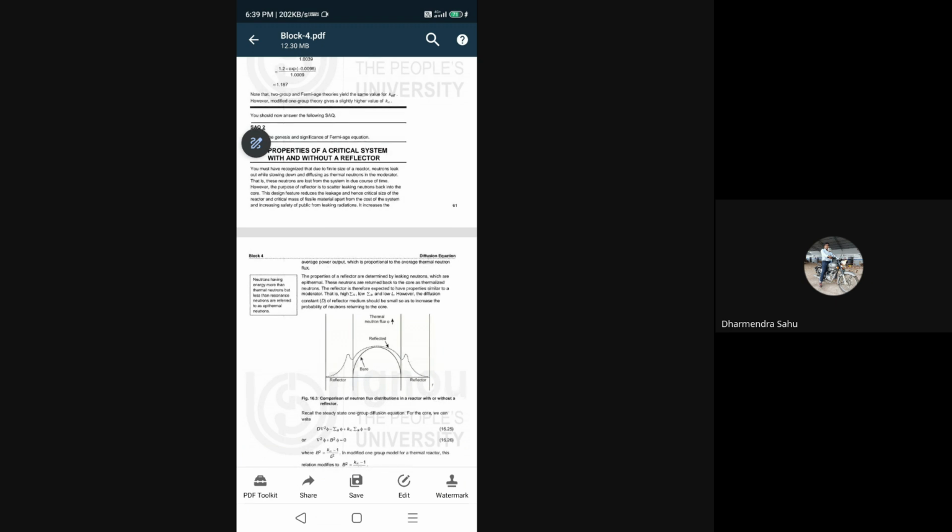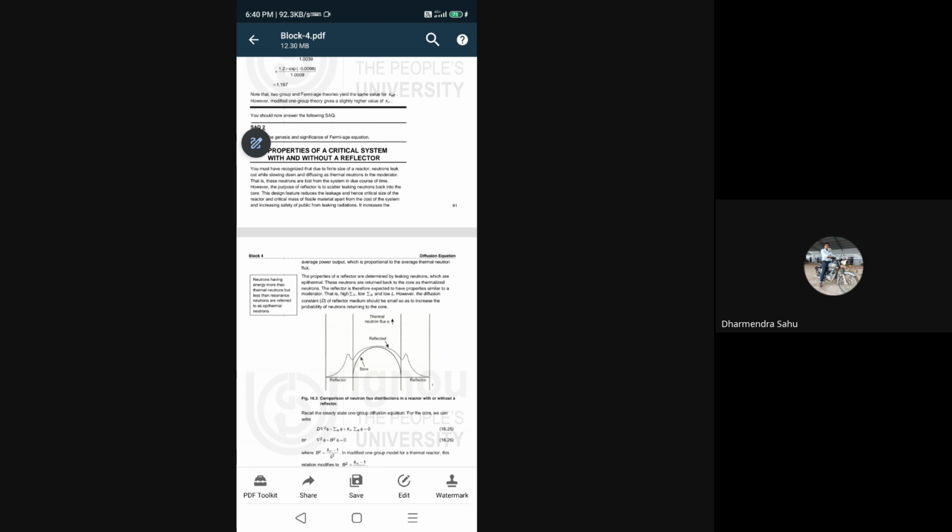It increases the average power output, which is proportional to the average thermal neutron flux. The properties of reflectors are determined by leaking neutrons, which are epithermal. These neutrons are returned back to the core as thermalized neutrons. The reflector is therefore expected to have properties similar to a moderator, that is, high sigma s, low sigma a, and low L. However, the diffusion constant D of the reflector medium should be small so as to increase the probability of neutrons returning to the core.